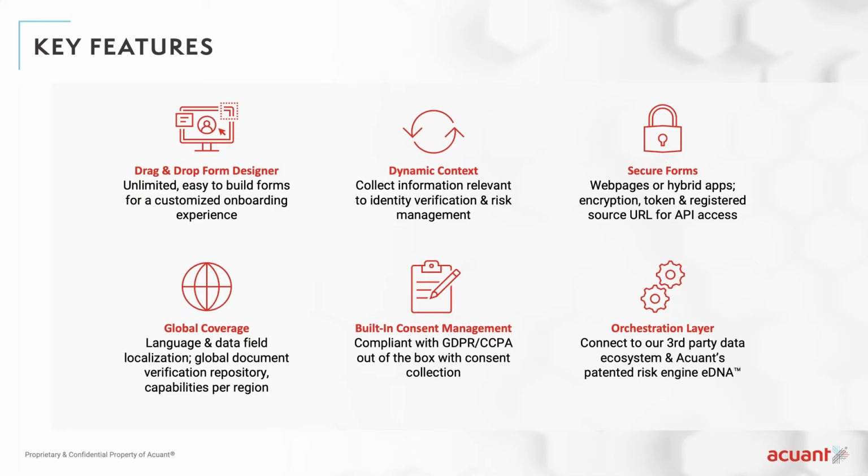And finally, probably most importantly, is the orchestration layer that we've built for Acuant GO. The best identity verification solutions tap into multiple sources of data, be it proprietary, private, and public databases, and a diverse set of technologies. That could be biometric, identity documents, data-centric.